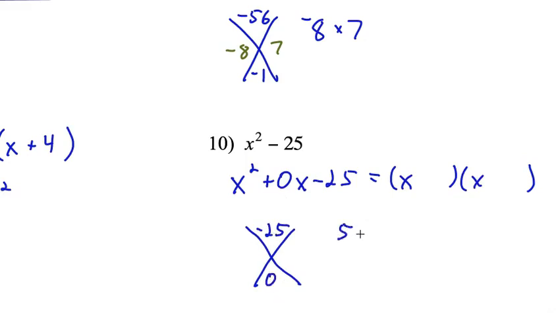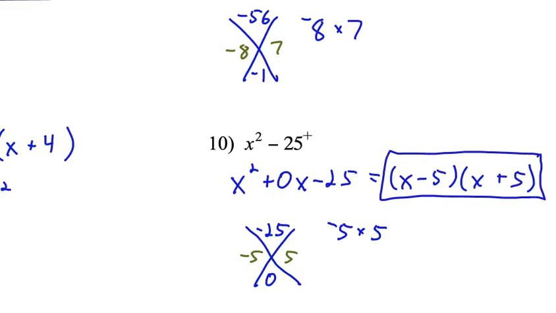Well, let's see, 5 times 5 equals 25. And we need one of those to be negative. Let's just choose the first one. And those two numbers have a sum of 0. Negative 5 plus 5 is 0. So our factors are x minus 5 times x plus 5. Now, binomials like this have a special name also. They're called a difference of squares because we started with two perfect squares that we were subtracting.